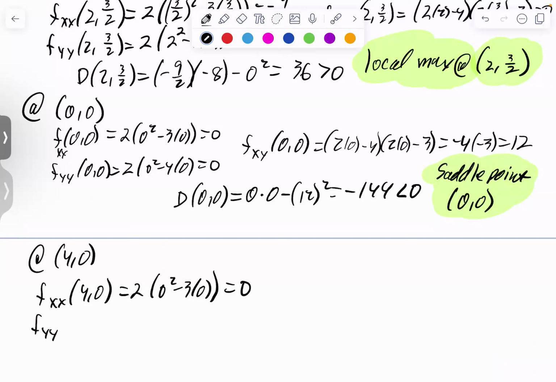And f sub yy at 4, 0 is 2 times 4 squared minus 4 times 4. And ironically, 4 squared minus 4 times 4 is just 0 again, so the whole thing goes to 0.